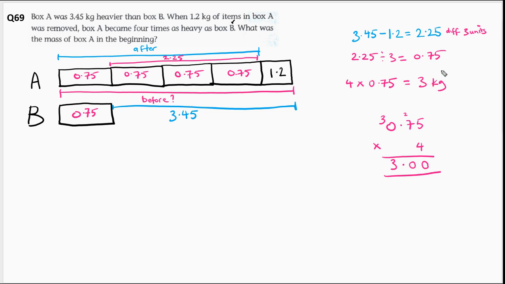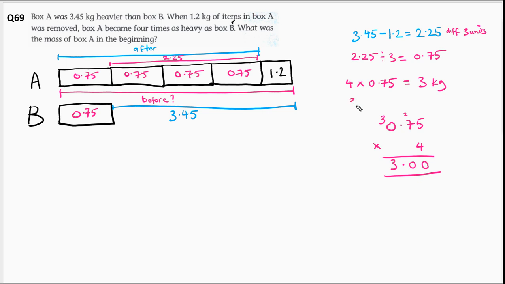So 3 kilograms is 4 times 0.75, which is that part here. And then I need to add 1.2, and actually I can just do that in my head. But I should write down what I'm doing just to show my steps.